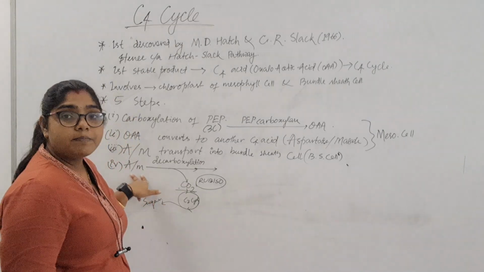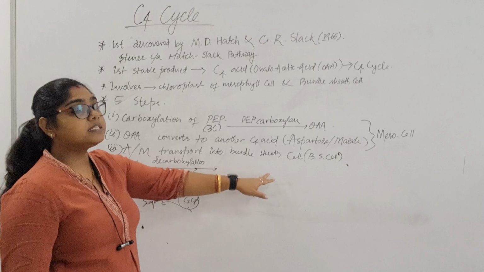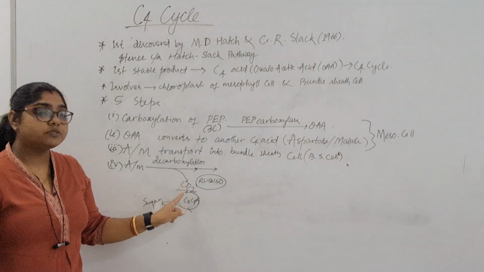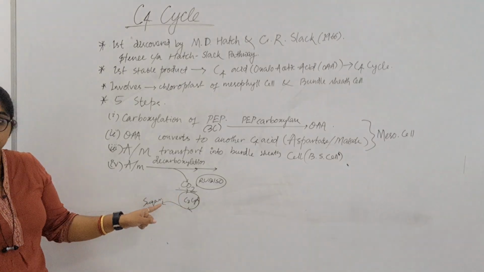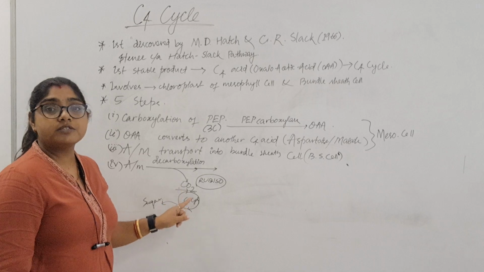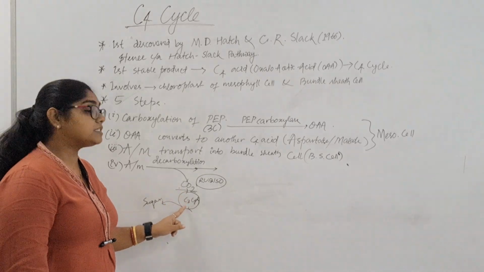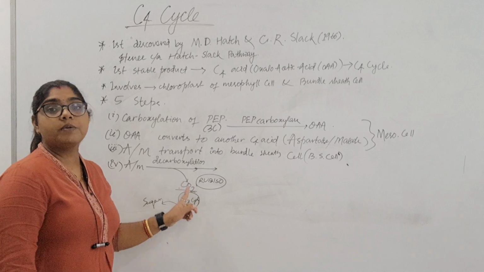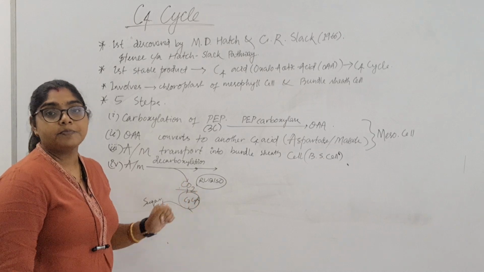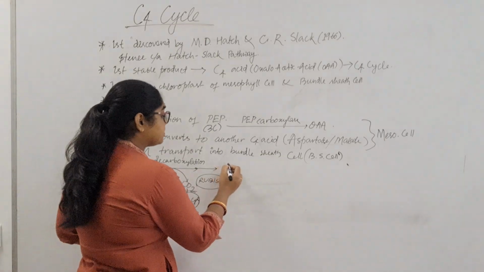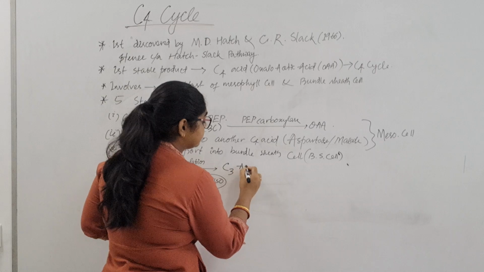So this aspartate or malate which entered the bundle sheath cell undergoes decarboxylation and releases one secondary carbon dioxide molecule, and again carboxylation takes place. It enters the C3 cycle and RuBisCO performs the carboxylase activity, carboxylation, and here it produces a C3 acid.